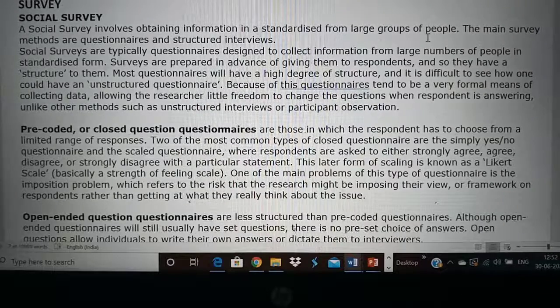There are only two or three answers: male, female, or third gender. Similarly, are you literate or illiterate? There are only two options. On the other hand, if you ask what is your educational qualification, that is an open-ended question. The answer can be in detail, and each person will write their own answer.